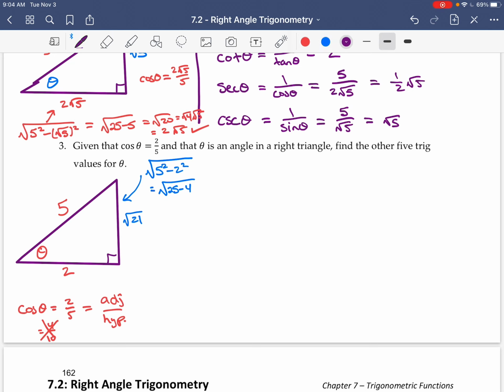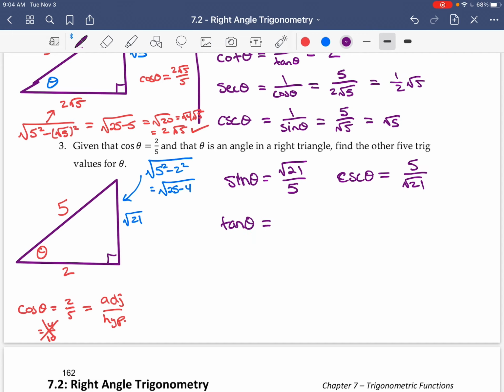And now we can find the other trig values. Okay, so for instance, sine of theta is the opposite over the hypotenuse. So that's going to be root of 21 over 5. Cosecant of theta is going to be the flip of that, so 5 over root of 21.